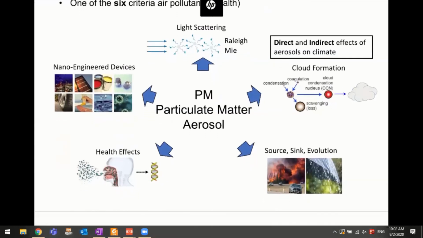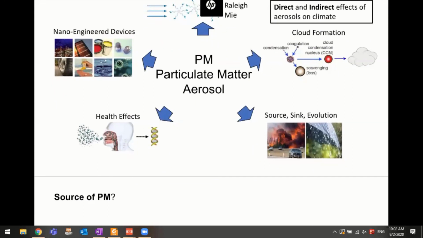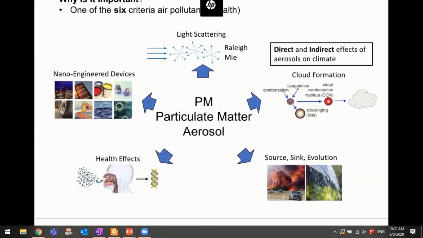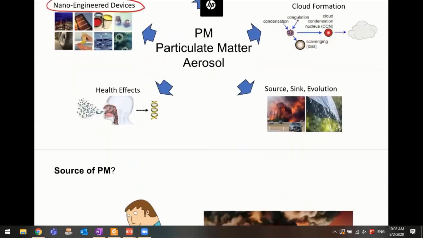Through cloud formation, because each cloud droplet has a particle inside, right? It's going to affect the source, sink, and evolution of the particles in the atmosphere. And of course, it has health effects, and it also can be used for nano-engineered devices. So it's being applied in almost all aspects of our daily life.